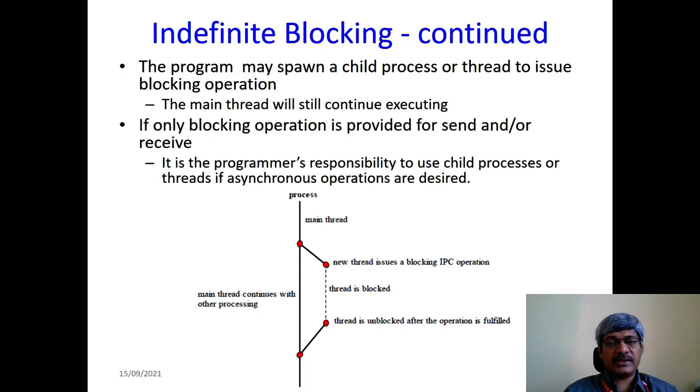The programmer may decide, I only have blocking send or receive, but I want to achieve asynchronous behavior. Then he can initiate child processes or threads, so that the implementation of send and receive is blocking, so the thread is blocked, but the main thread is still continuing. So as far as the programmer's implementation is concerned, he has achieved asynchronous send and receive. It is the programmer's responsibility there.